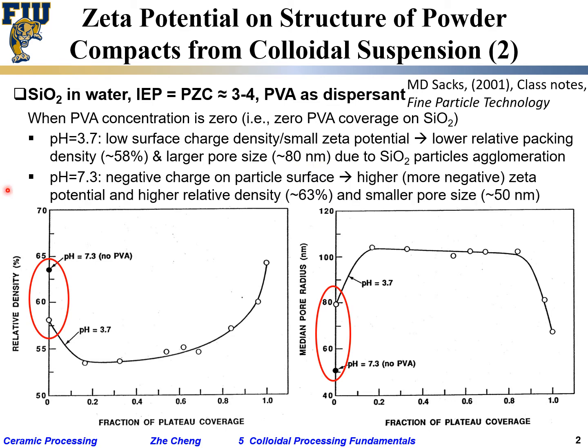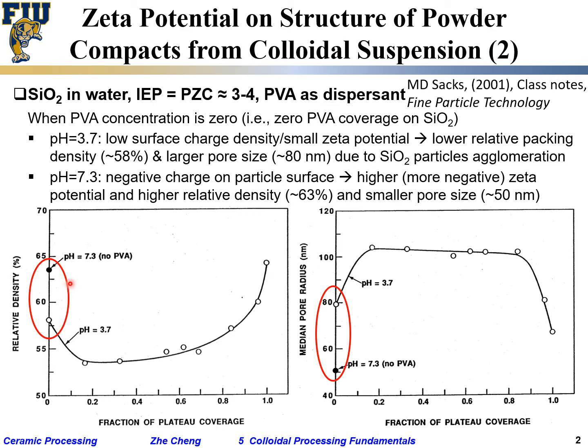On the other hand, when pH equals 7, which is much higher than the so-called PZC, 0 charge, much higher. Now, because I'm more basic, the particle surface is covered by so-called hydroxyl groups. Higher pH, each of the particles is covered by a lot of hydroxyl groups.